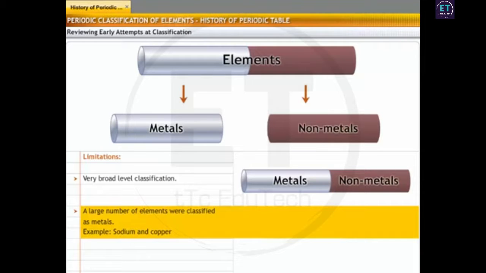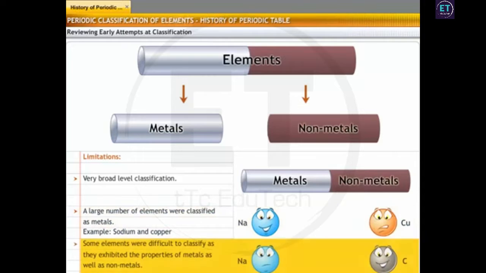However, they did not necessarily display similar chemical properties. For example, sodium and copper were both characterized as metals, but their chemical properties are very different. Some elements, such as boron, exhibited the properties of both metals as well as non-metals. It was difficult to determine how to classify such elements.